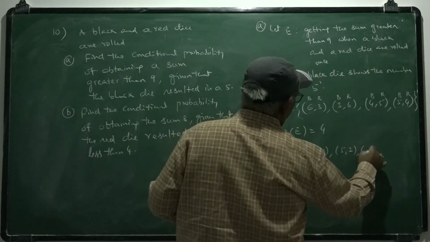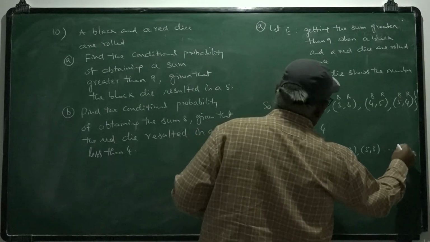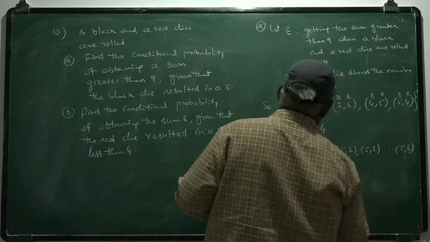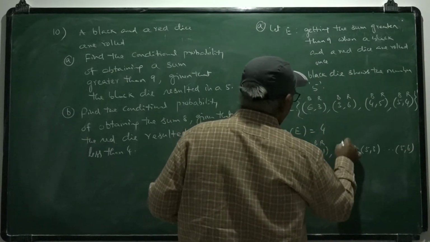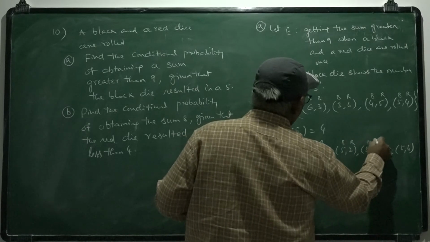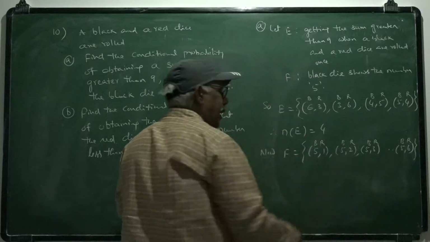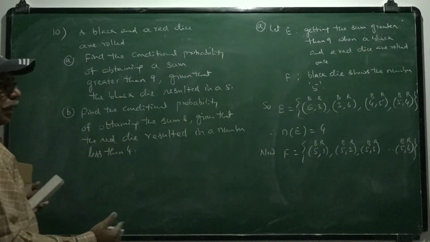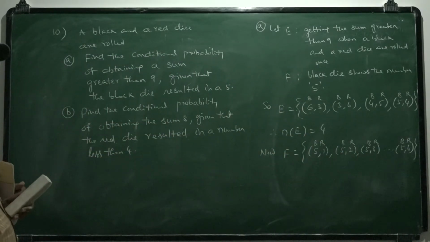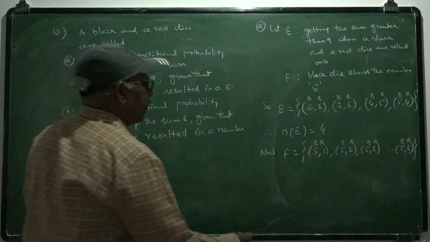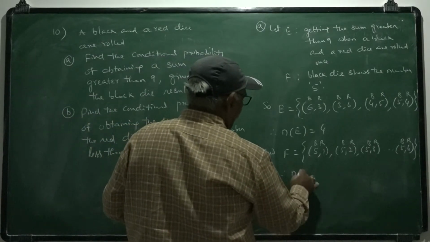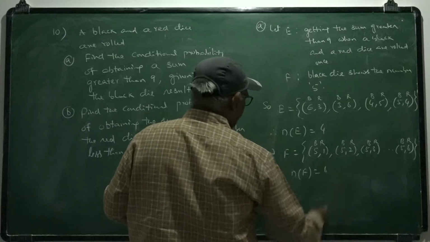So 5 2, 5 3, 5 6, like that, black and red. Only the black die shows 5 and the red die may show any one of the numbers. So n of F is here 6 clearly.